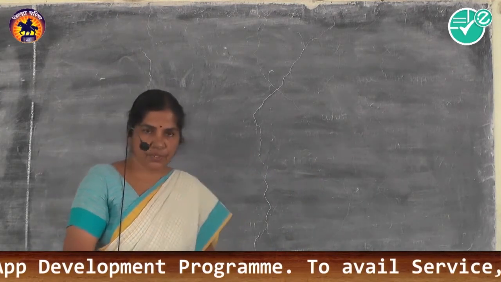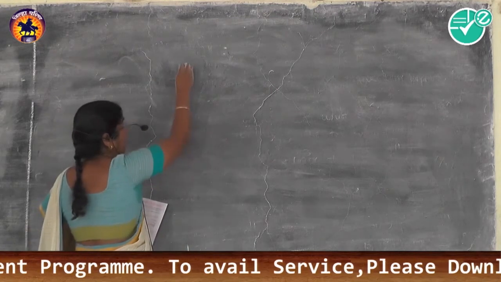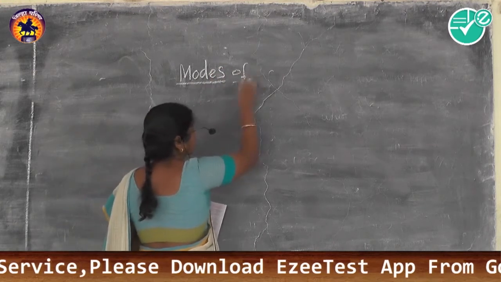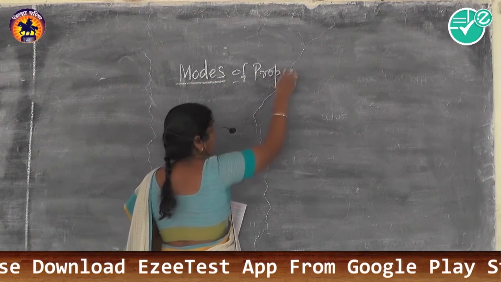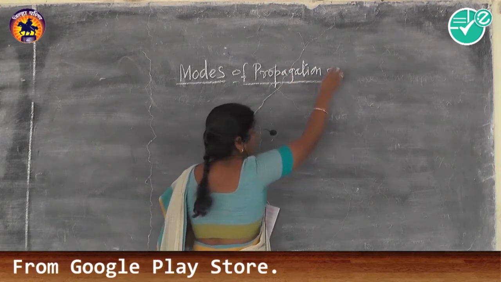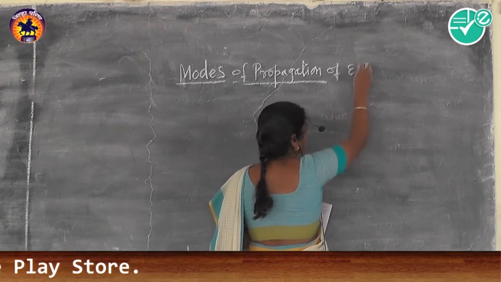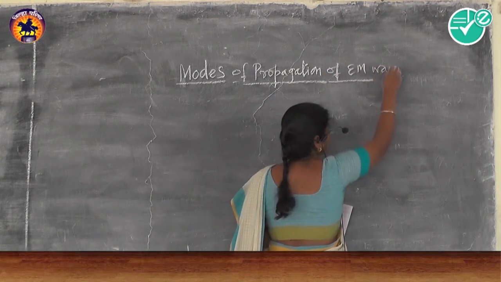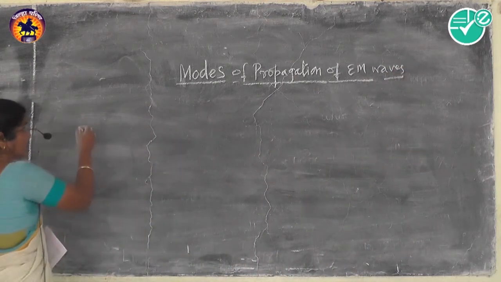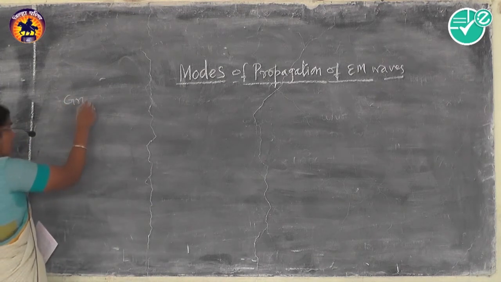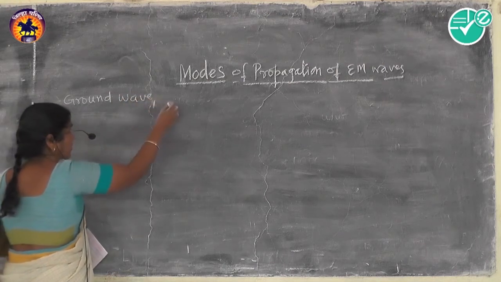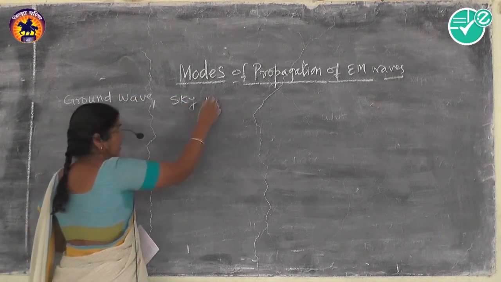Now I would like to proceed to the different modes of propagation of EM waves. So there are three modes. First one is known as ground wave propagation. Second one is known as sky wave propagation.